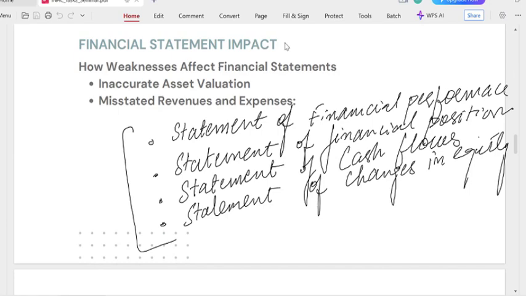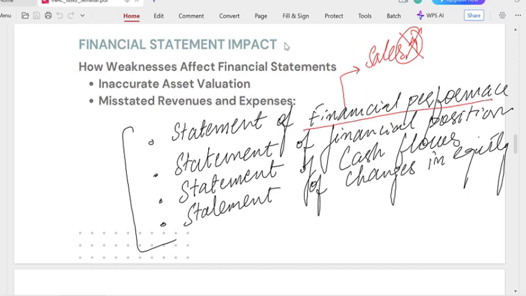Okay. When we say the financial statements are representing a true and fair view, from the perspective of statement of financial performance, your sales should not be overstated. Your sales could never, ever be overstated.